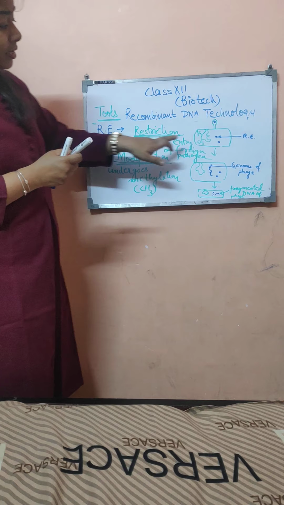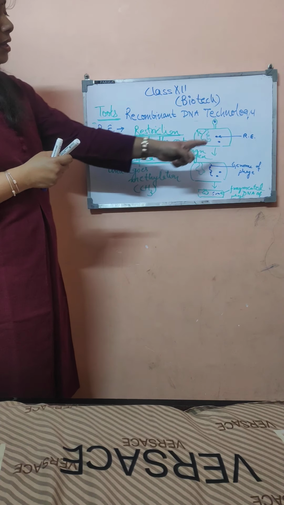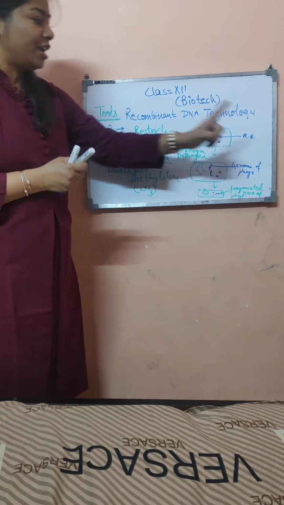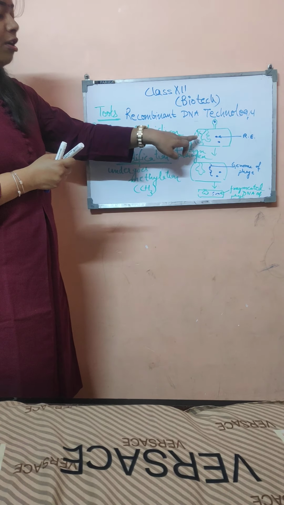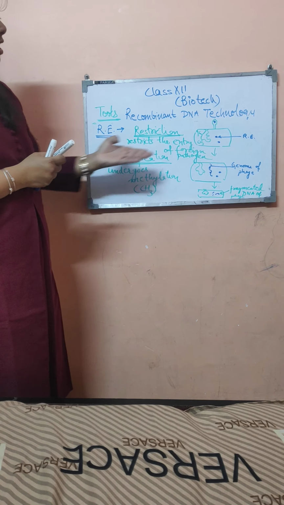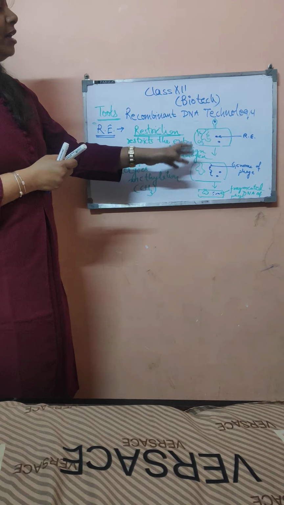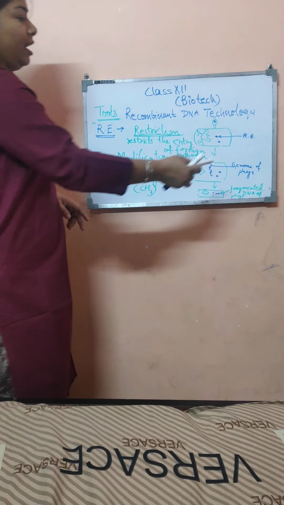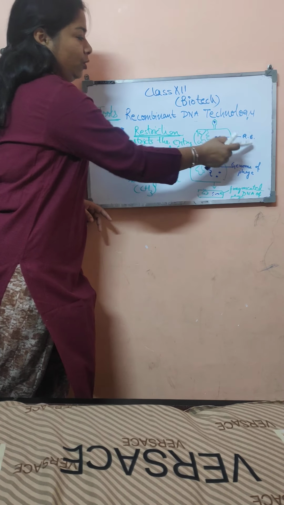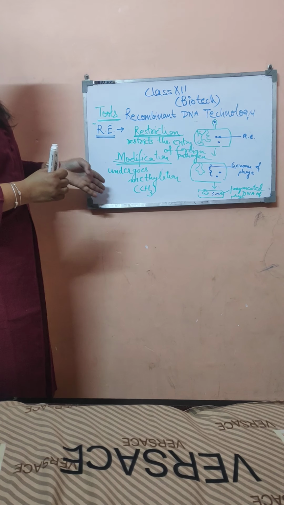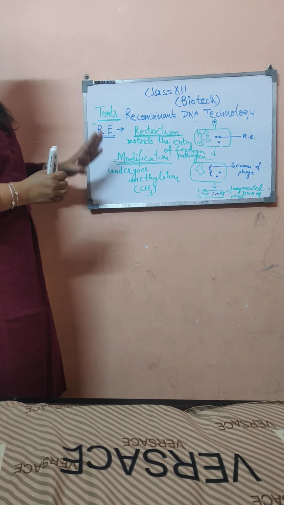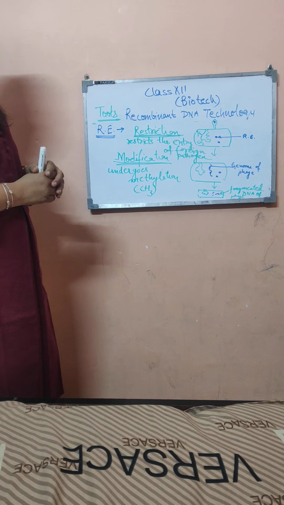And now the sequence to be recognized by the restriction endonuclease cannot be properly recognized, and therefore it protects its own DNA from the attack of the restriction endonuclease. It is known as the restriction modification system.